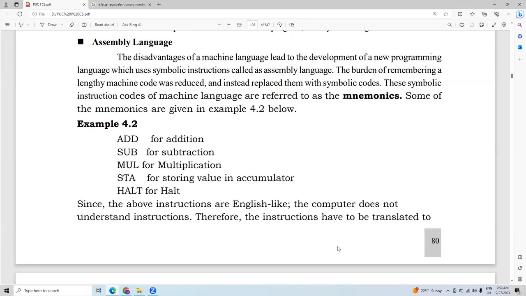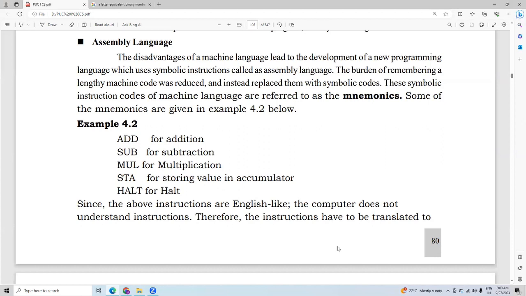Seeing the disadvantages and drawbacks of machine level language led to the development of new programming languages which use symbolic instructions, called assembly level language. What do they do in this? Instead of writing all the codes in the form of binary, they gave symbolic codes.